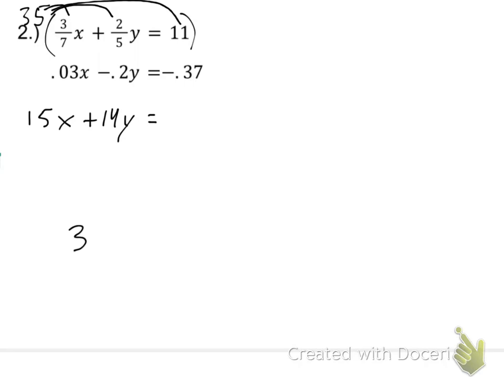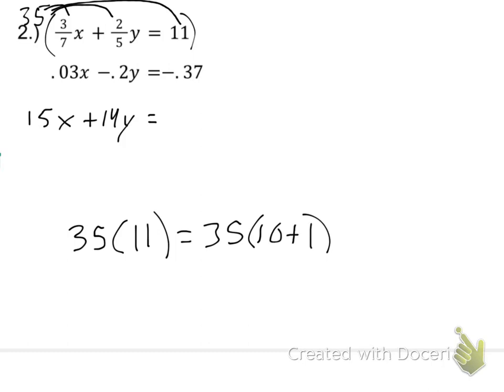Guys, I went over this last hour. This is the reason why students struggle with math. They don't start to see connections to things that they have done in the past, so that you can come up with numbers quicker. Is this 11 times 35? You guys can see this? 385. Doesn't that mean the same thing as 35 times 10 plus 1, which is 11?